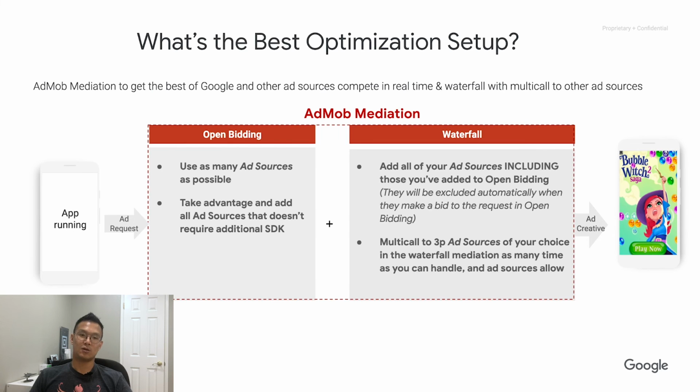The other part is look out for those where you don't even need an SDK, because that means you can just check the box and get the relationship with the ad source, and you'll be good to go, and you will have potential higher CPM thanks to the increased competition. That's the open bidding part.